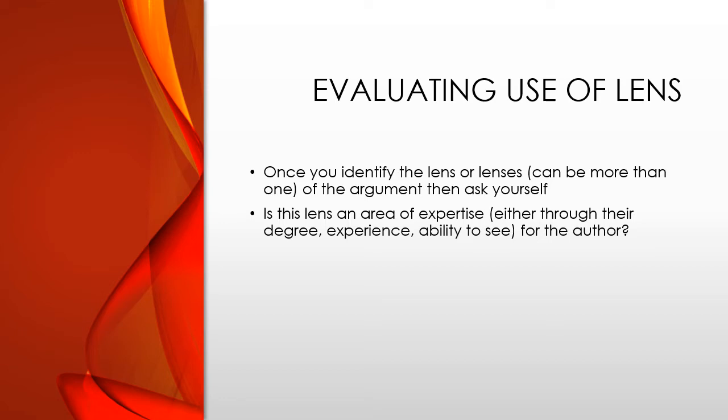Their degree, their experience, their ability to see. Whatever the case, make sure you always read that top of the paper where the biographical info is given on the author. Now, if one of the lenses is economic and it turns out the author is a professor of economics, obviously their degree is relevant. But let's say they're a reporter and maybe their degree is in journalism and communications.